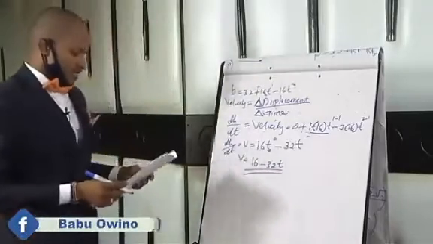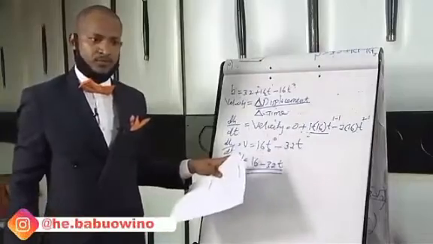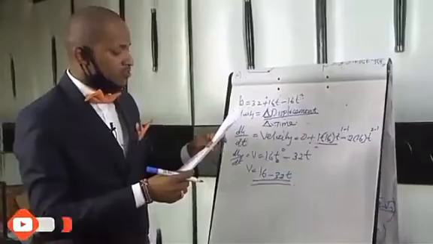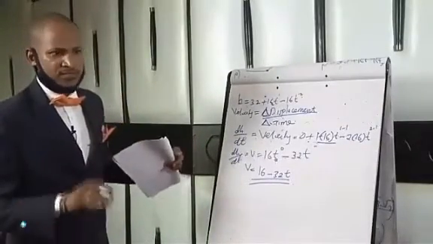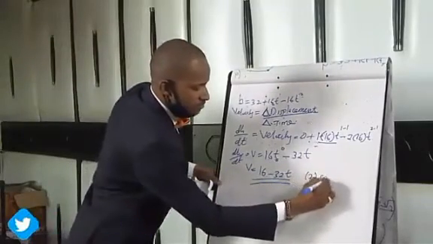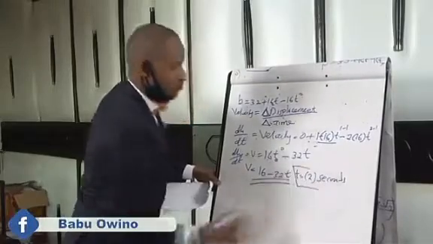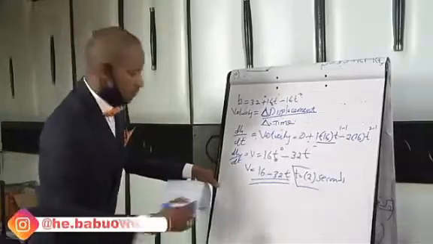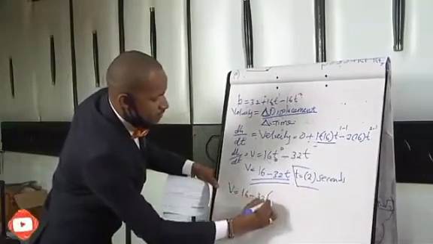But the question is telling us to find the value of this velocity at which he hit the water surface. We remember that the time taken to hit the water surface was 2 seconds. So t is equal to 2 seconds, and where there is t, you replace with 2. Therefore, velocity is equal to 16 minus 32 times 2.